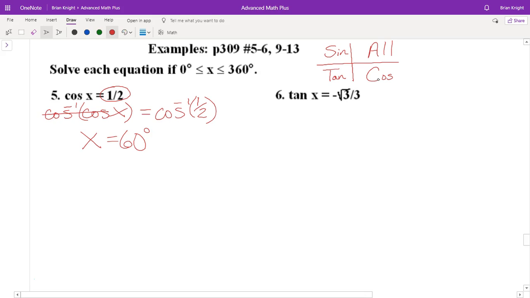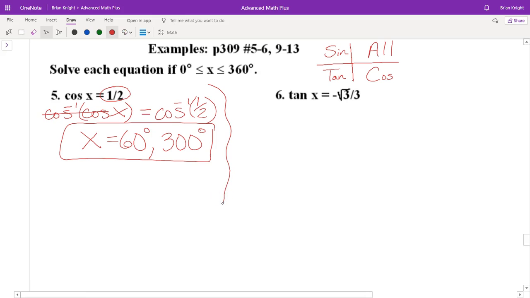So what can you do? 360 minus 60? Exactly right. And what is 360 minus 60? 300. Just to check it, put cosine of 300 in your calculator and make sure you get 1/2. Good? Am I lying to you? Not lying to you. Okay?